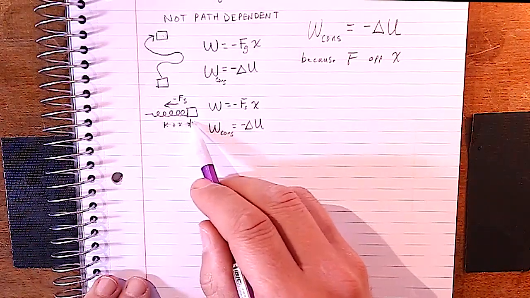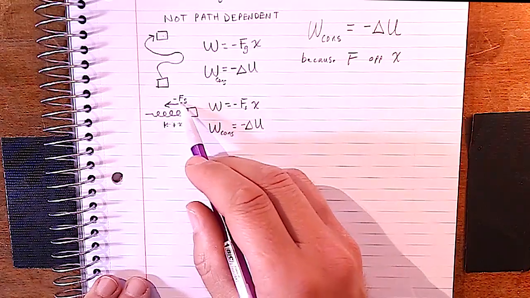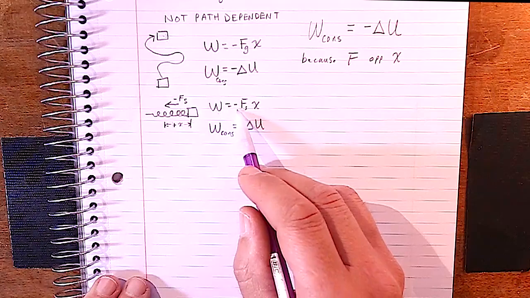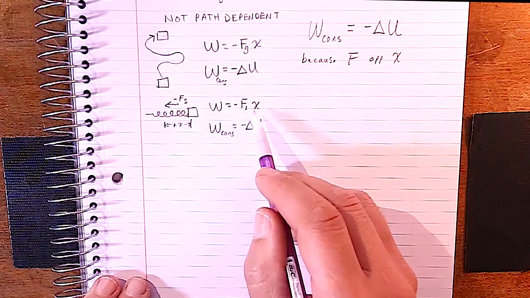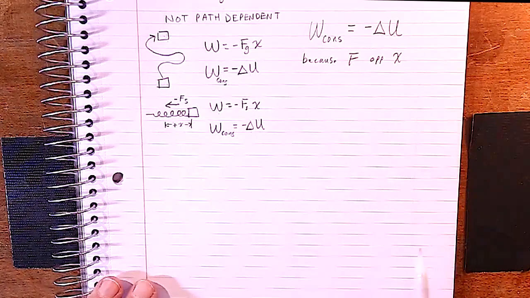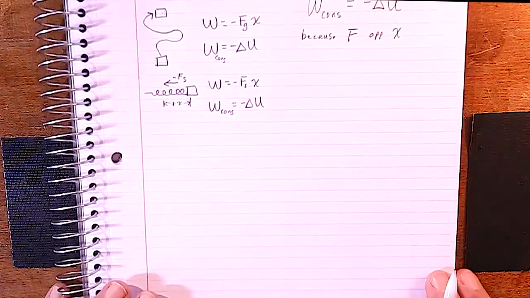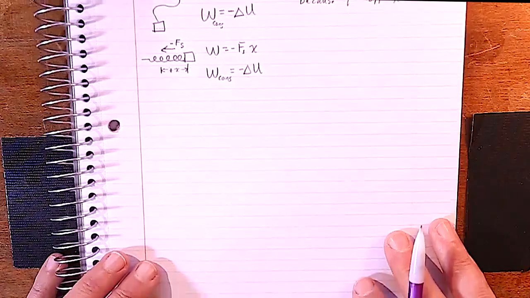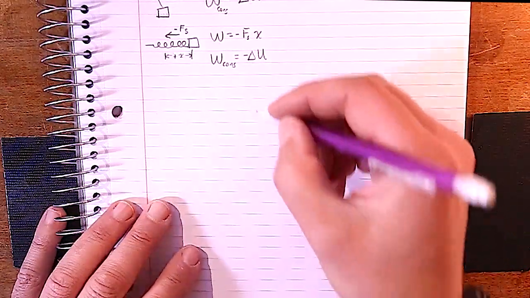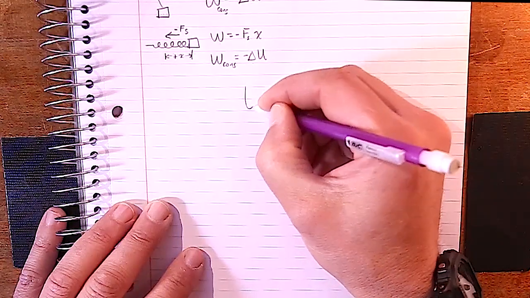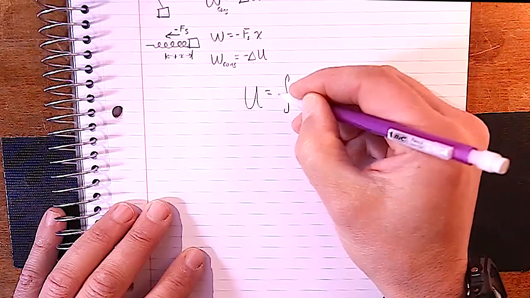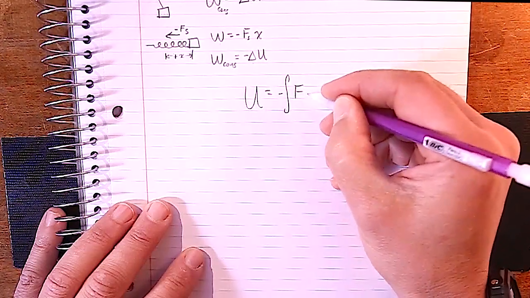When I stretch out a spring in this direction, the force is opposite the displacement, so we say W is equal to negative Fsx, which means our conservative work that's done is equal to negative delta U. So we can write this as an integral: U is equal to the integral of negative f dx.